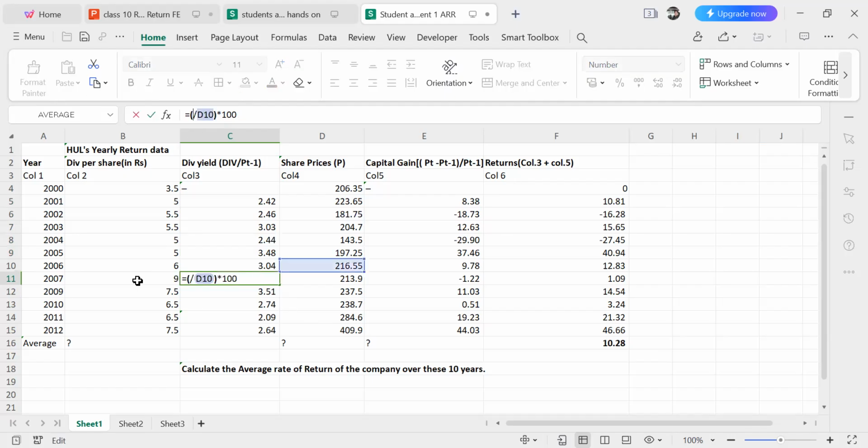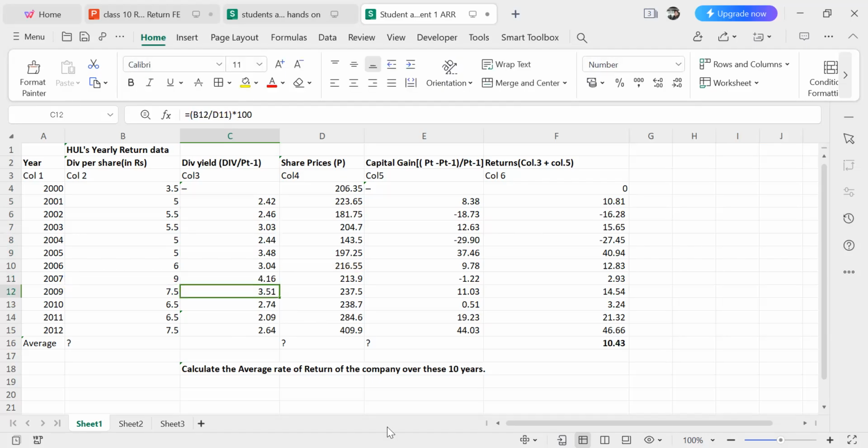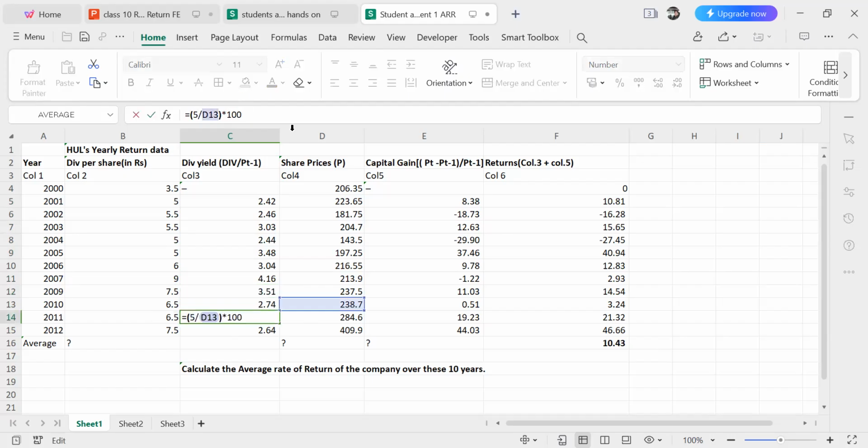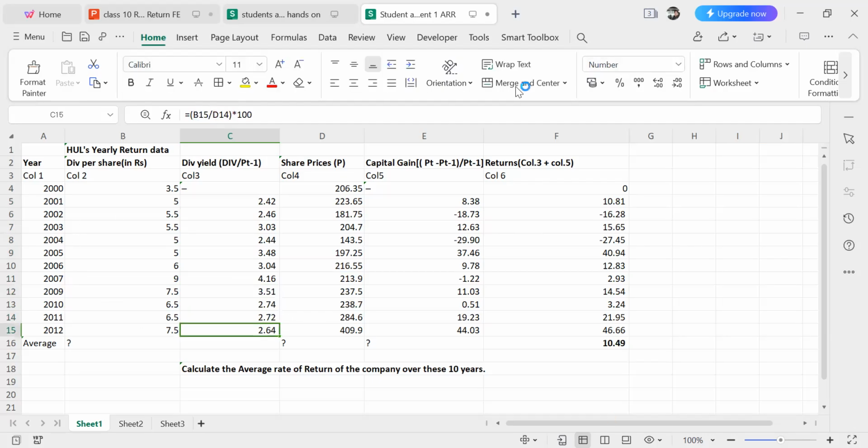After every 3 rows, it is repeating the thing. Now the answer has matched, see? Yes, ma'am. Answer has matched. Okay, now let us proceed.